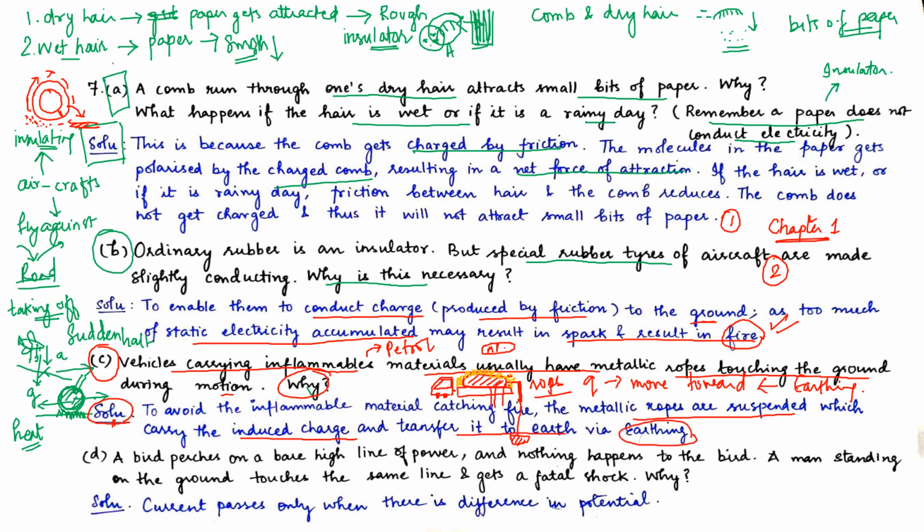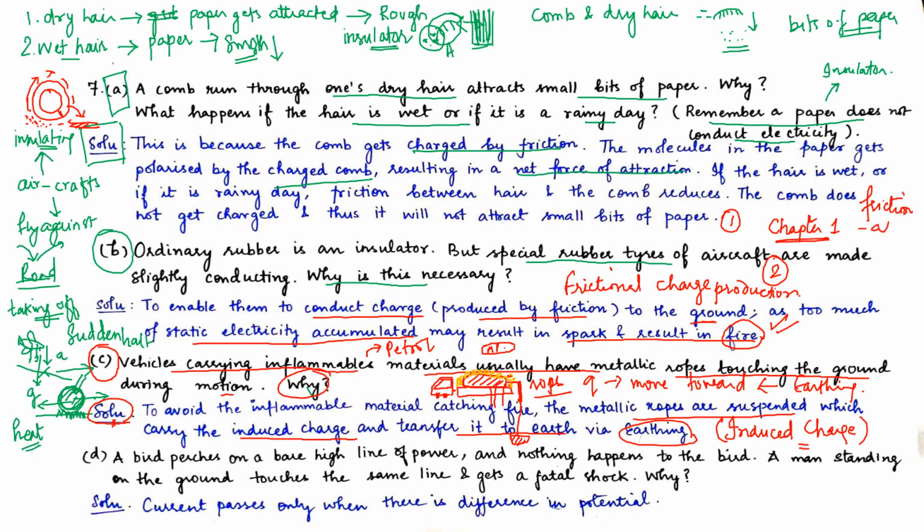So here the type of charge induced is induced charge. Induced charge is a charge which is produced without normal physical touch, whereas in this case we have seen frictional charge production. Here also we have seen frictional charge.